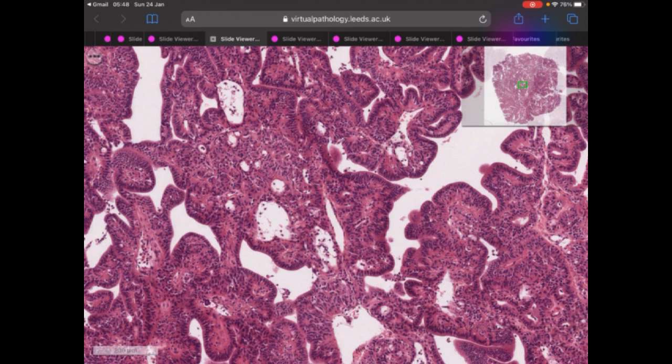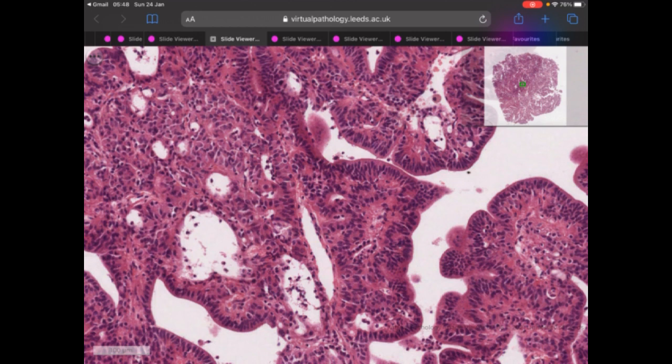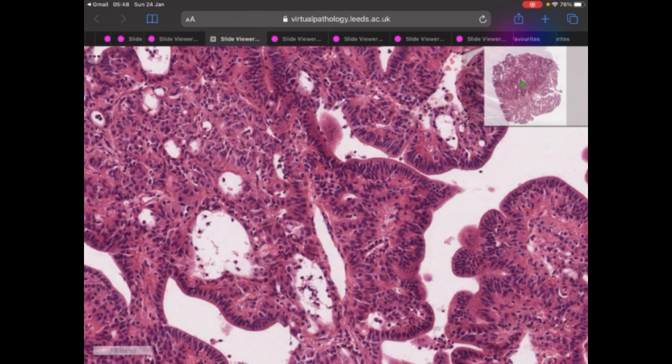When I say bland, it is because there is no pleomorphism, and mitosis is rare or absent. There is no bizarre large cell.